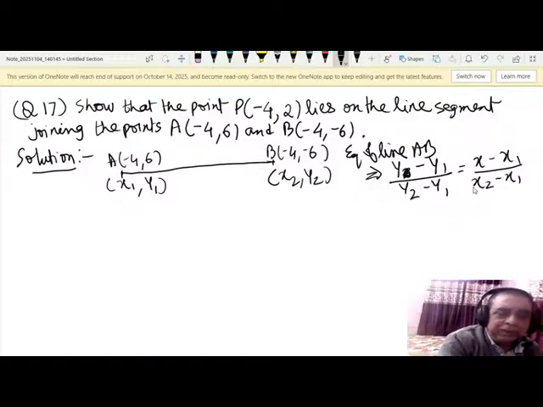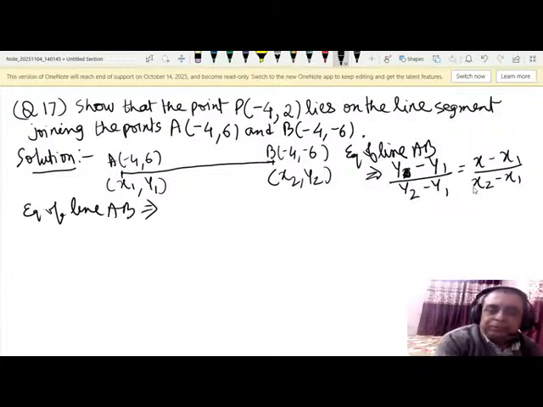Now you put the values. So what is the equation of line AB? Here y minus y1. y1 is the y coordinate of A, which is 6. So write here 6, divided by y2. y2 is the y coordinate of B, which is minus 6.